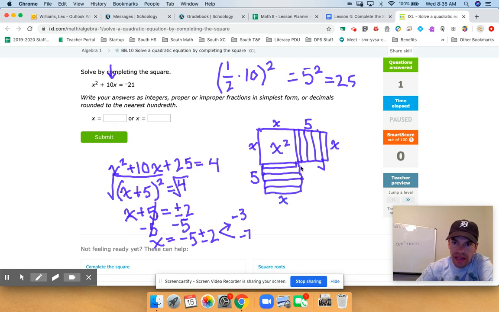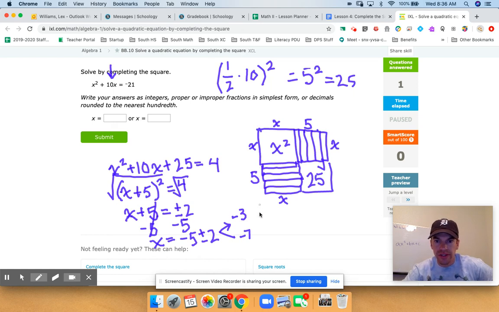And then think about what we would need to fill in here to make it a perfect square. Well, this is 5 times 5, so we'd have to add 25 little squares that I'm not going to draw out. We'd have to draw all those little squares in here and add 25 of those to make this a perfect square, right?